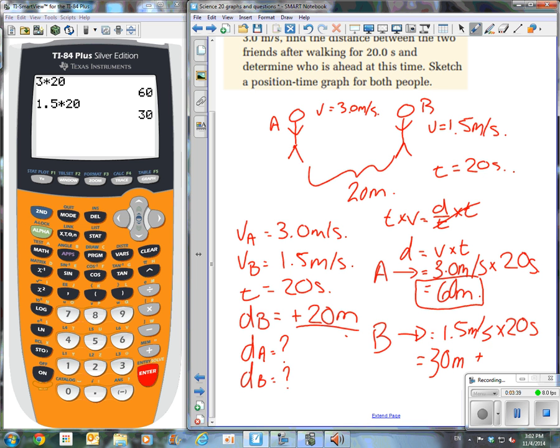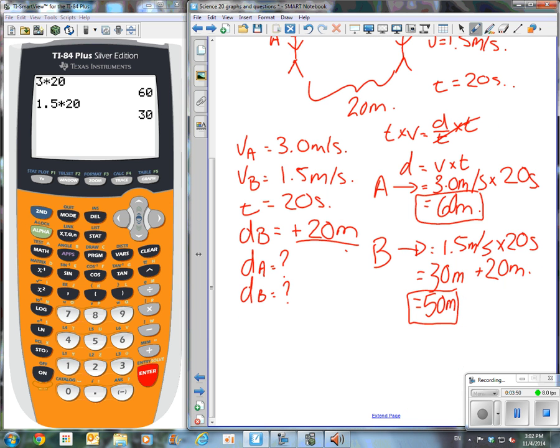But remember, B has the plus 20 meters that he originally had, so he traveled 50 meters in comparison to where A started. So, in effect, person A is 10 meters in front of person B.